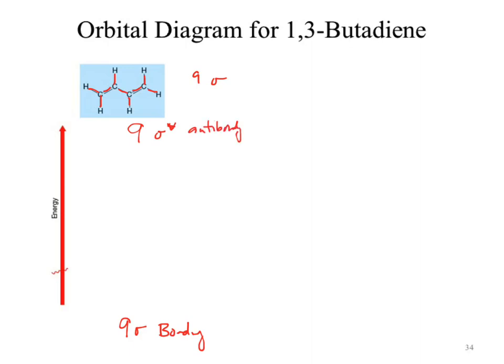Higher in energy than our sigma bonding would be our pi. We have 2 pi bonding and 2 pi anti-bonding. Did I write anti for the first one? Yeah, I did.